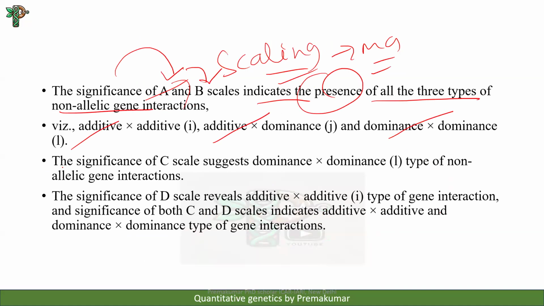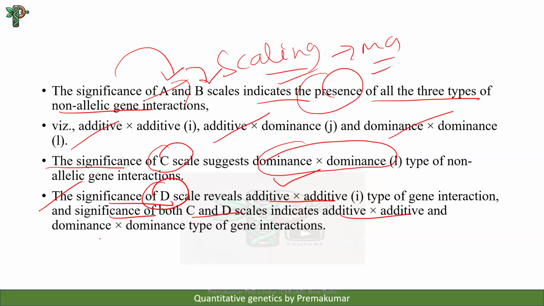If only the C scale is significant, we can suggest that only dominance into dominance type of epistasis is present. If the D scale is significant, it tells only about the presence of additive type of gene interaction. And if both C and D are significant, additive and dominant type of interaction is present.